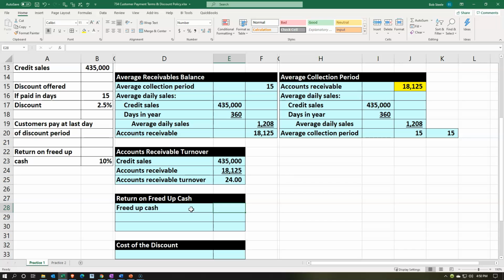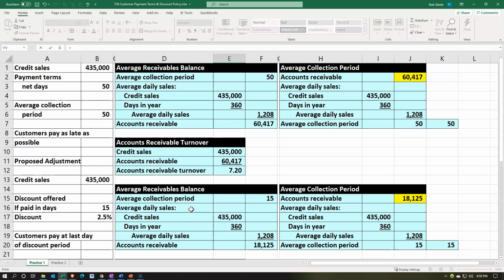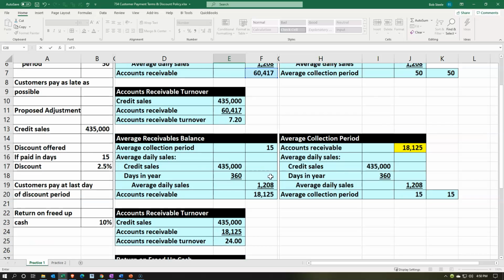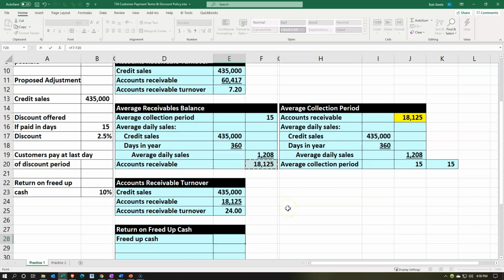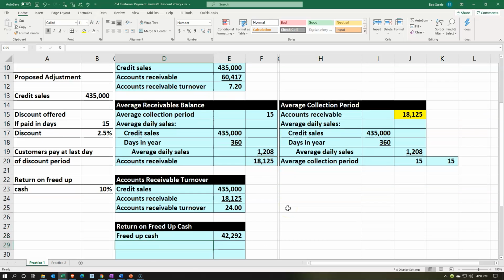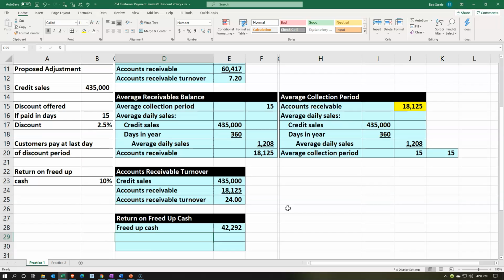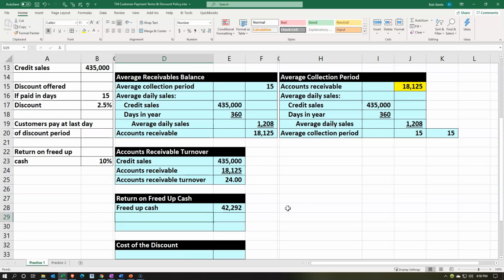The freed up cash is now going to be equal to the difference in the accounts receivable. So we're going to say the receivable before was this 6417 minus the receivable of the 18,125. So we're going to say that's going to be the 42,298.92.